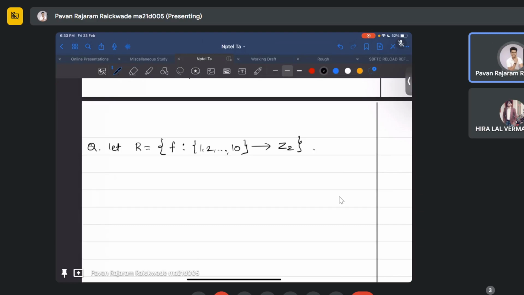Then you know that R is a commutative ring with unity. The operations will be pointwise addition and pointwise multiplication. Then which of the following statements are correct?